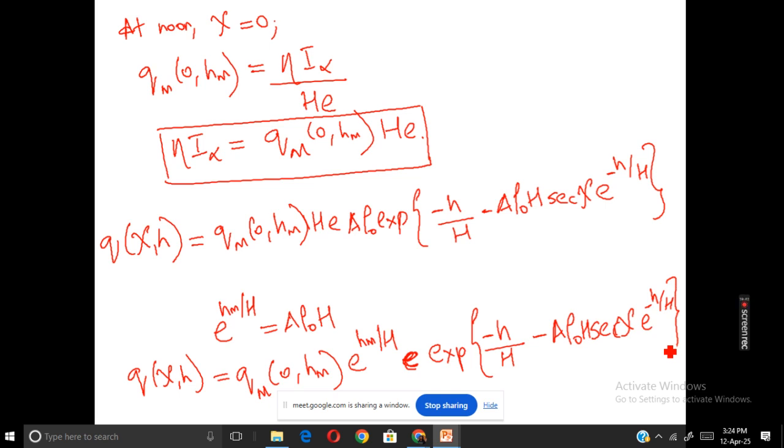Lot of exponential terms are there, right? Now we will just combine all these exponential terms so that we can simplify the equation further.